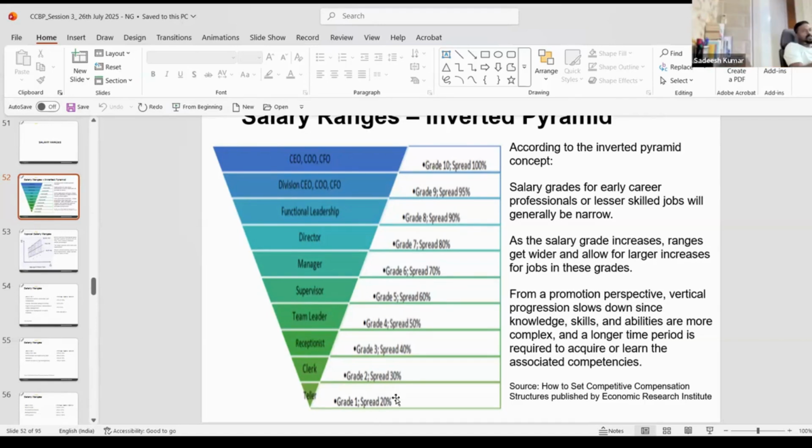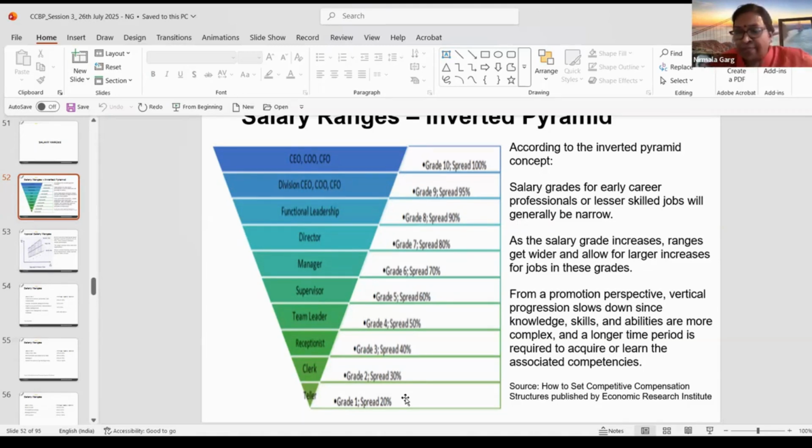Because the increments or promotions that you are providing at the higher levels will be higher. That also, but more importantly, the impact, the complexity, everything is much higher. If you have noticed, the point value of a job at a higher level is much higher.